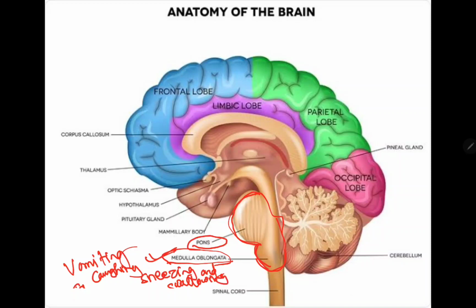So these are the actions which are controlled by the medulla oblongata. But the pons varolii helps control our breathing. How is the breathing process controlled? Actually, this is controlled by pons varolii.